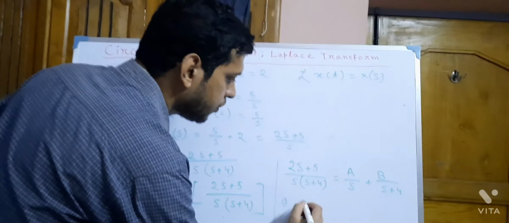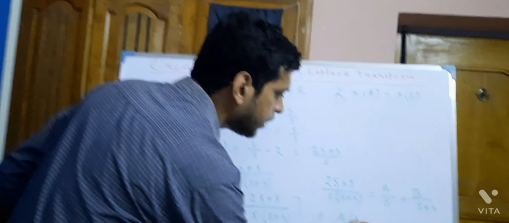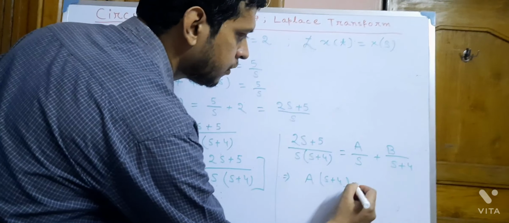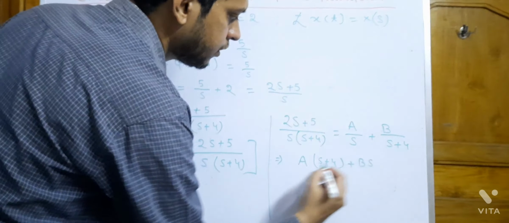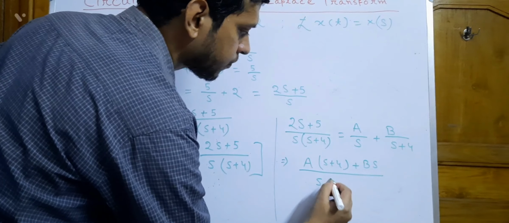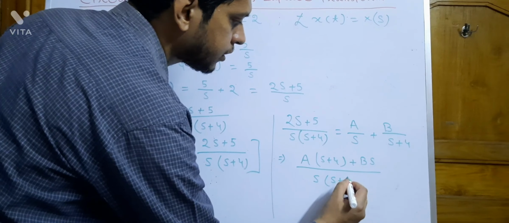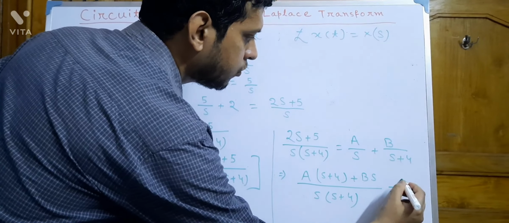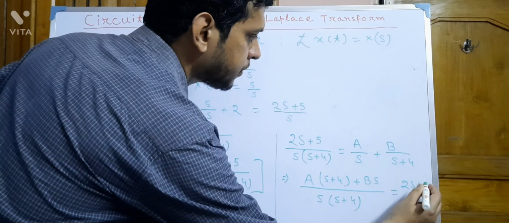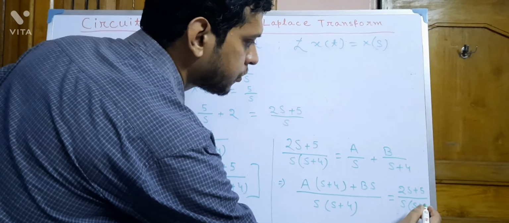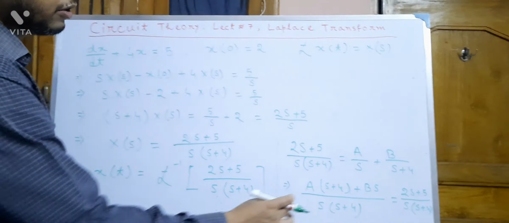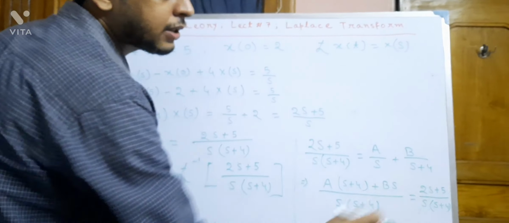So A(s plus 4) plus Bs, over s(s plus 4), equals (2s plus 5) by s(s plus 4). Therefore, as the two denominators are equal, the two numerators are equal.